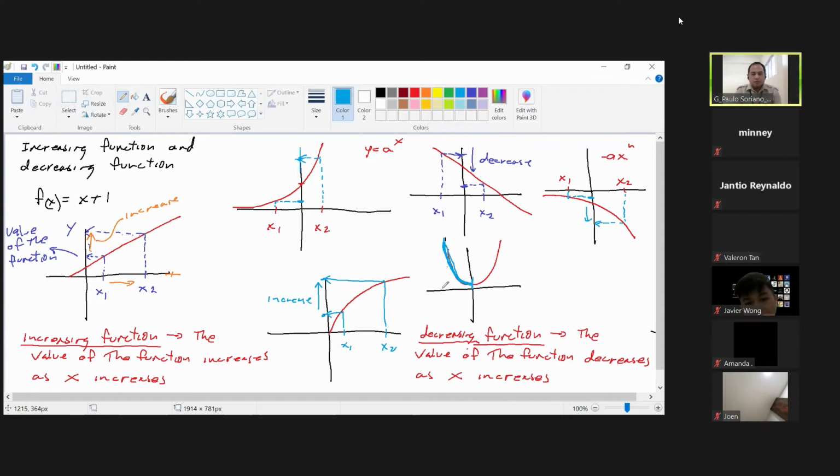Okay, so this part from x1 to x2, we can say that this is decreasing. But if I compare from x2 to x3 over here, this is now going to become increasing.